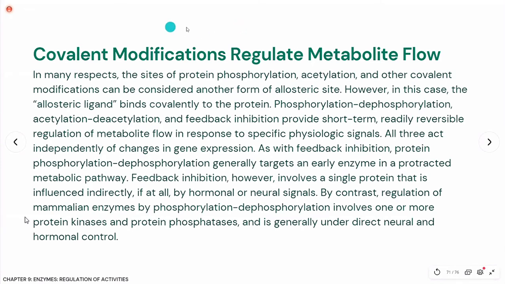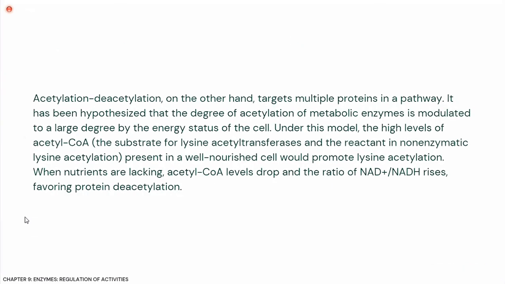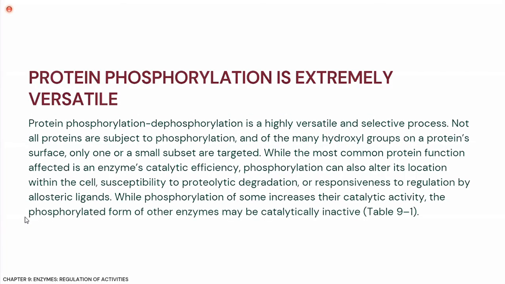So a protein kinase uses phosphate from the ATP. We mentioned this already. Protein phosphorylation is extremely versatile.